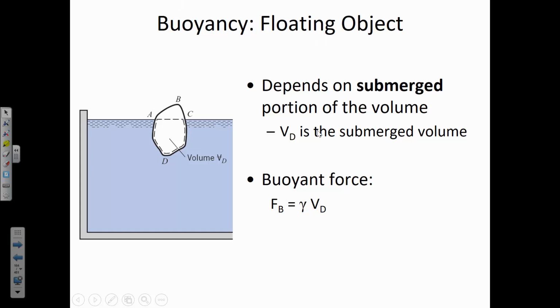So here, we're calling this volume D, just the submerged component. And so for an iceberg, for instance, it's the submerged volume that dictates the buoyant force. And the fact that ice expands when it freezes causes just a small fraction of it to be above the waterline and most of the iceberg to be beneath the waterline.